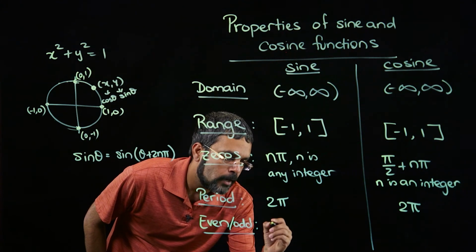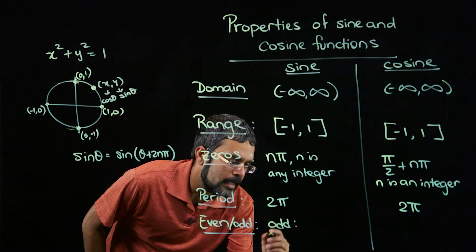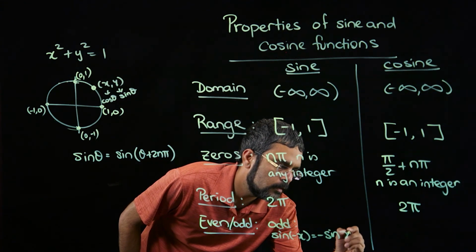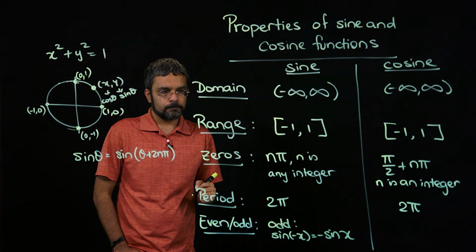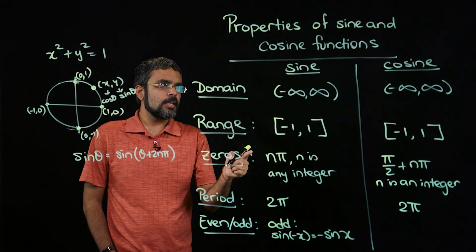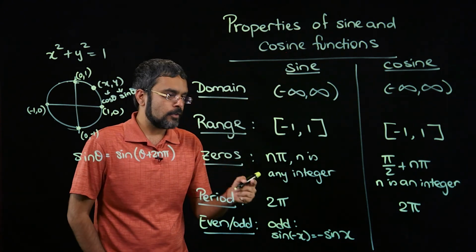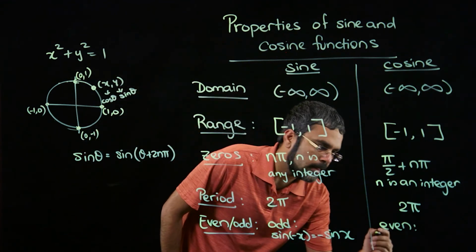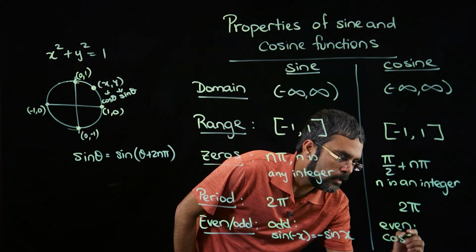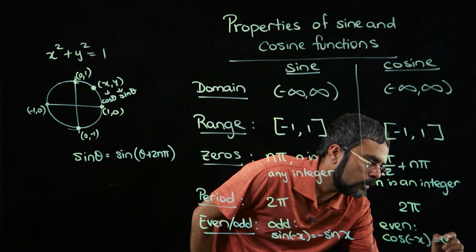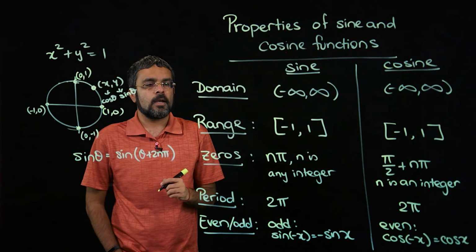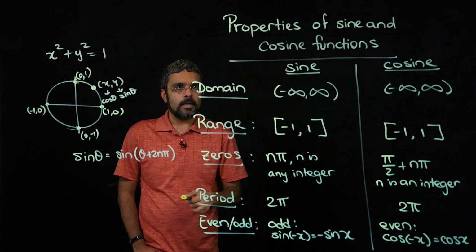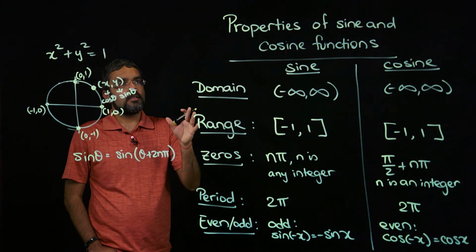What that means is sine of negative x equals negative sine x. And cosine happens to be an even function, which means it is symmetric about the y-axis. Here I have cosine of negative x is equal to cosine of x. So sine is odd, symmetric about the origin, and cosine is even, symmetric about the y-axis.